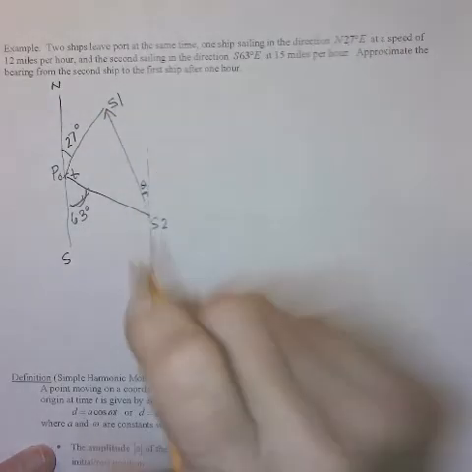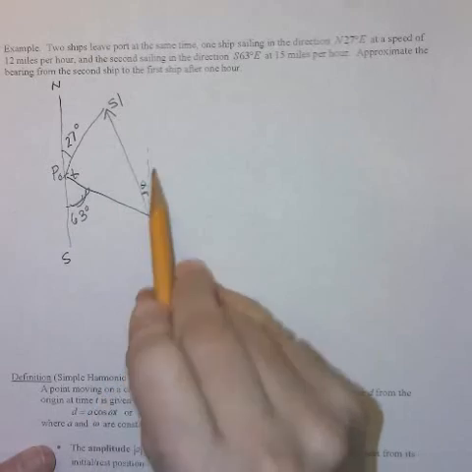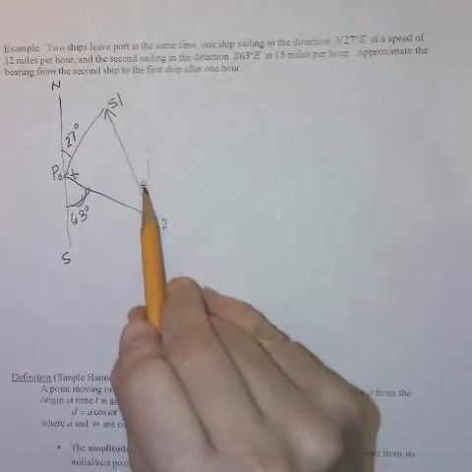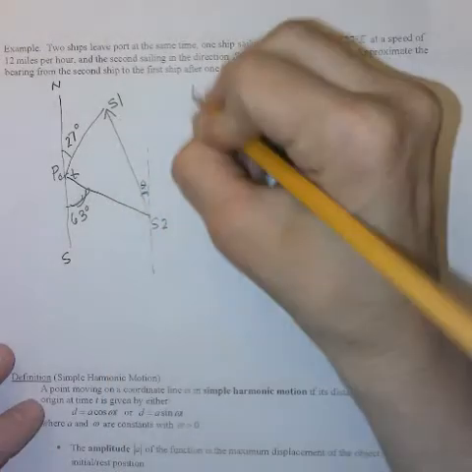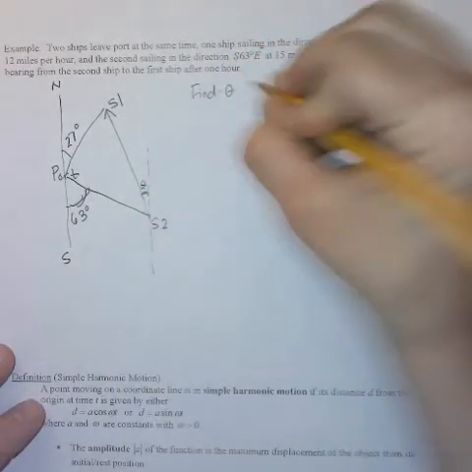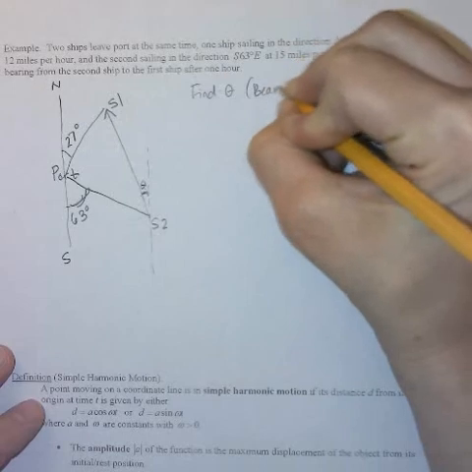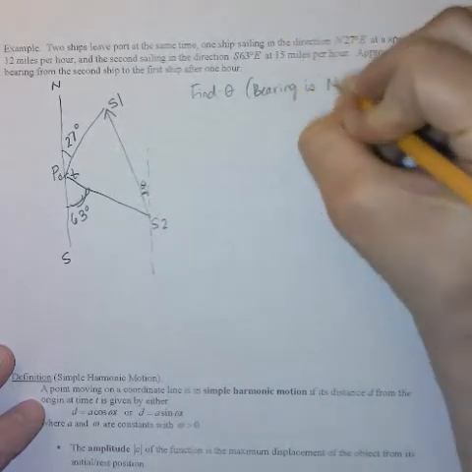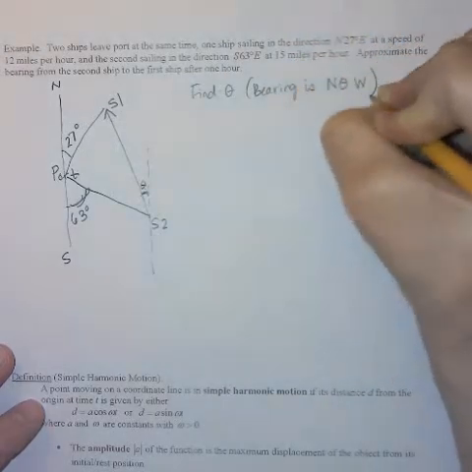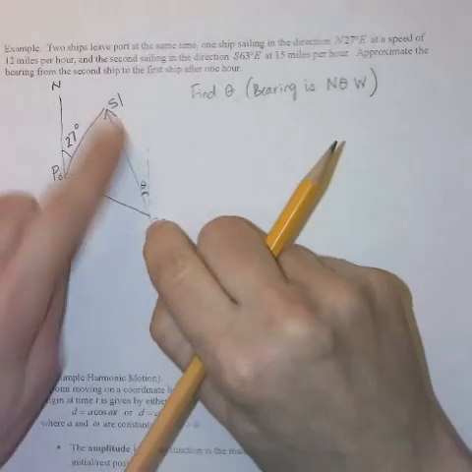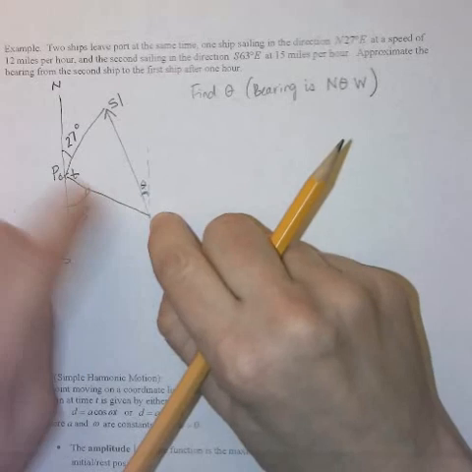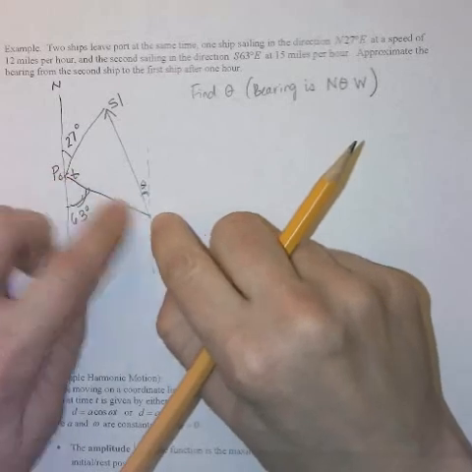Then the bearing will be north theta, however many degrees theta is, west. So we need to find theta. Use north theta west. Assuming my drawing is accurate here, this one's going faster, so I know this is longer than this.